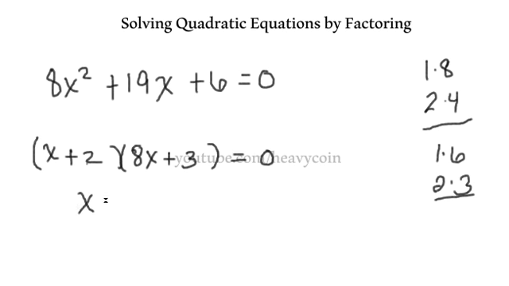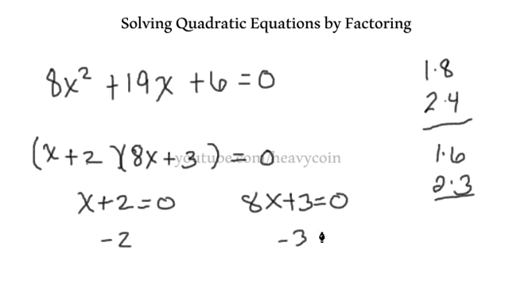Now we set each one of these equal to 0, 8x plus 3, and we solve for x. Well, negative 2 is a solution, negative 2 plus 2 is 0. And then in this particular case, negative 3/8 is going to be a solution to this equation.